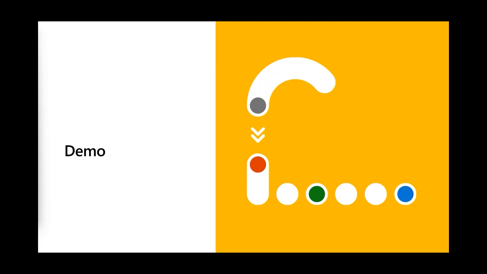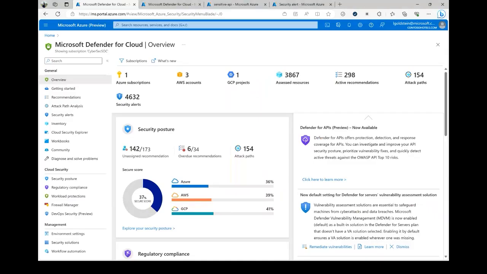So now for going into the demo, Defender for APIs is going to be part of the overall Defender for Cloud platform, which is a cloud-native application protection platform, combining cloud security posture management, cloud workload protection, and DevSecOps. When you want to enable the Defender for APIs plan, there are currently 2 steps that you need to follow.